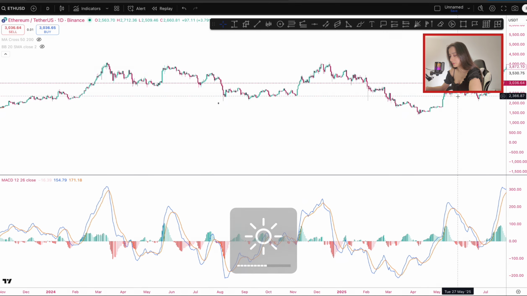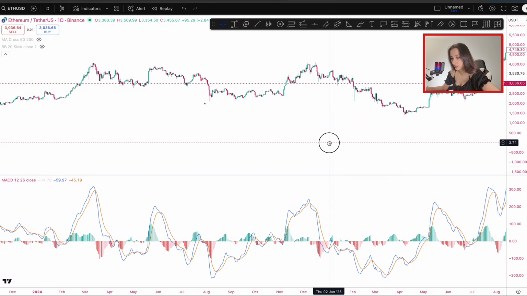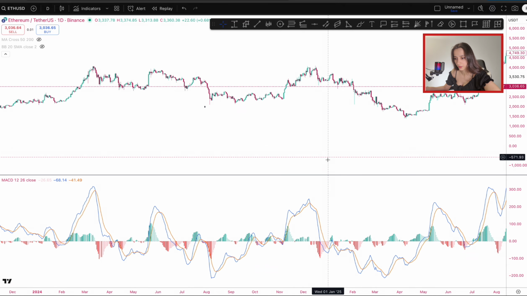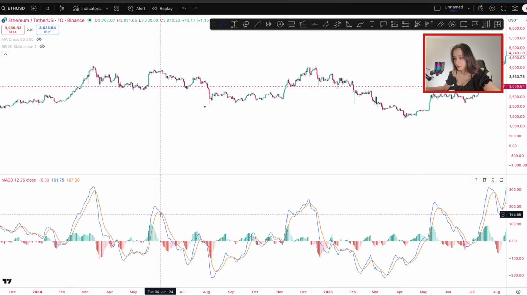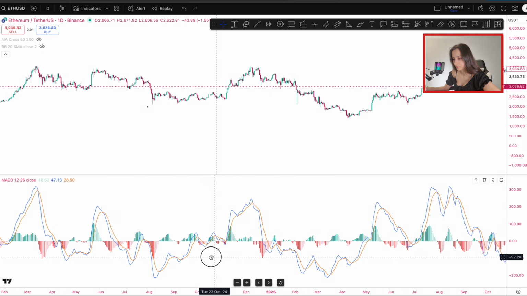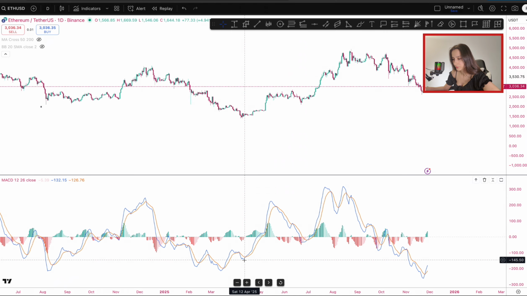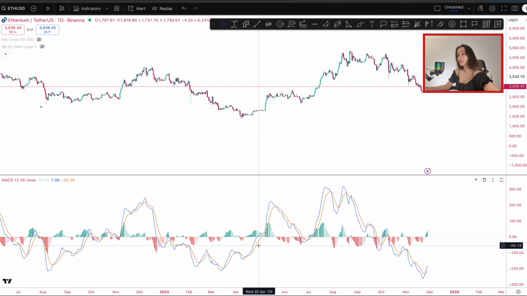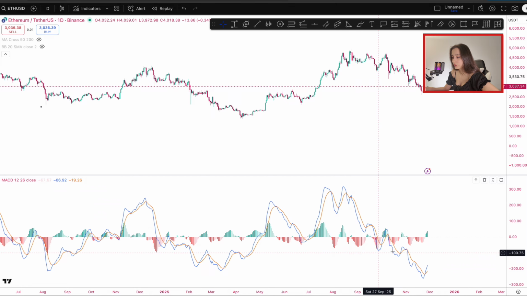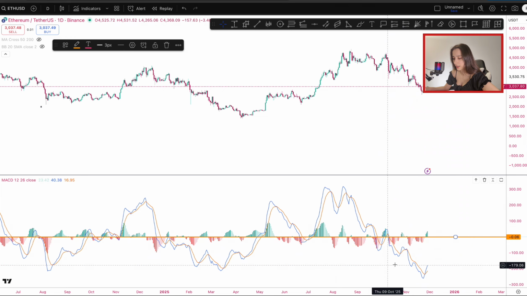Just let me delete some things. Yes, it seems better. I can say that when you are under that zero line, let me just make it like that.